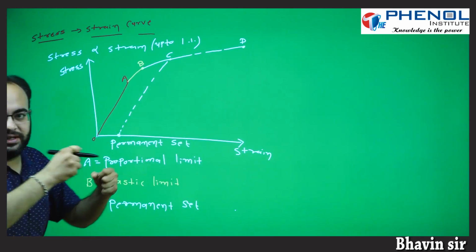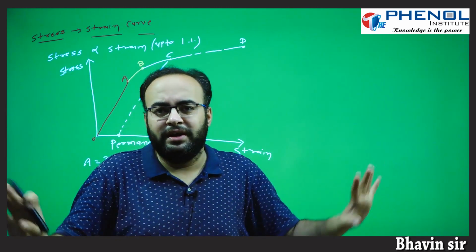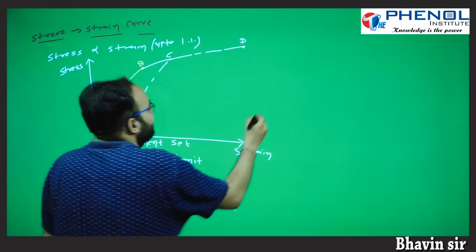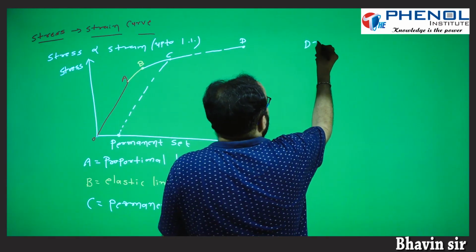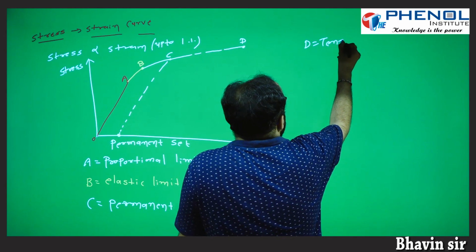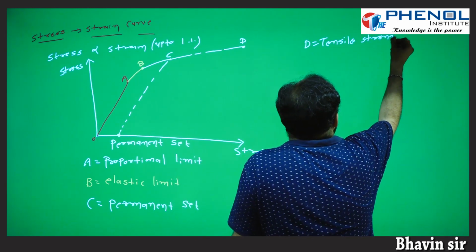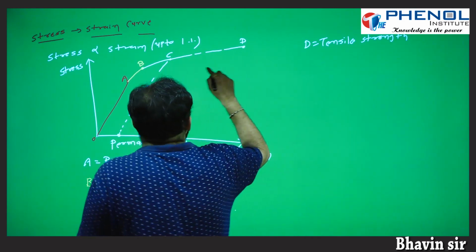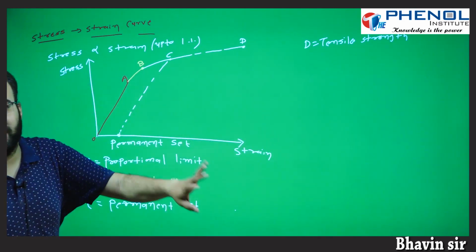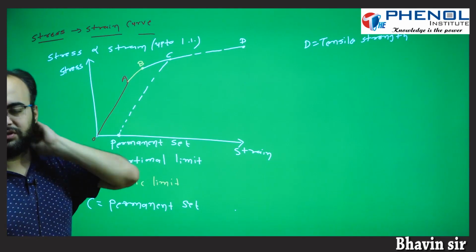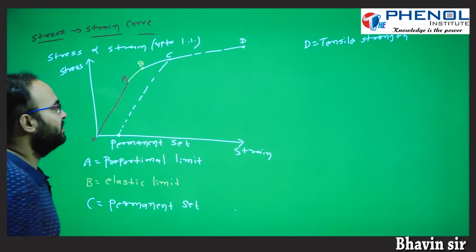Now if we again increase the length, suppose we can increase the length up to point D. So D is known as its tensile strength. D is known as what? Tensile strength. And students, see, from C to D, if the deforming force is removed, then the substance cannot get its original shape.